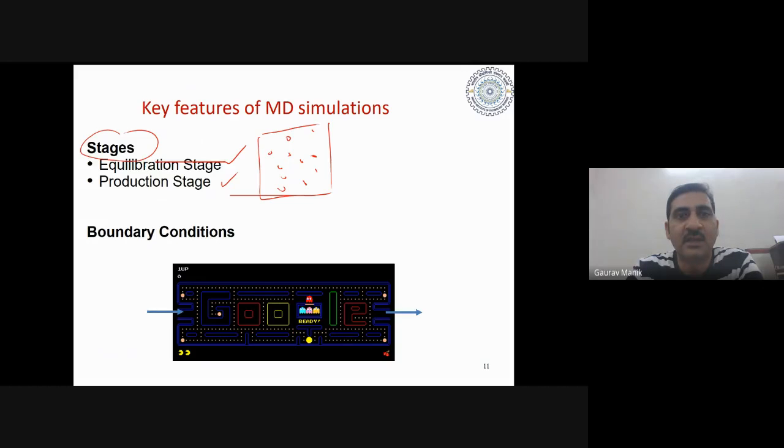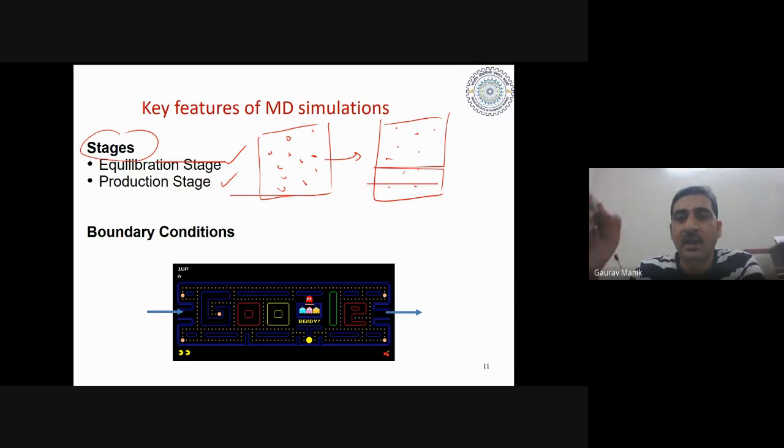These are random positions that you have adopted, and as the molecules move according to Newton's equation of motion, they will tend to get more and more equilibrated. That means they are trying to reach a more realistic situation. So the whole time they keep moving until you get a first frame where their positions and velocities are realistic and representative of the real material situation. That's the point which we refer to as t equal to 0 for the production stage.